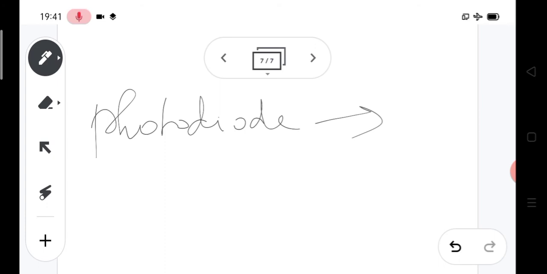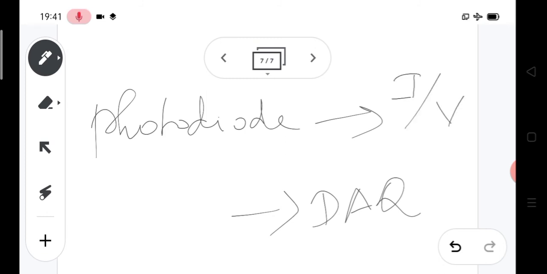You want to log the data of the photodiode for the entire day and get the output in terms of voltage, so you are using data acquisition. The data acquisition always produces the output in terms of voltage only, so we are using a current to voltage converter. If you use a current to voltage converter, the current absorbed by the photodiode and the output displayed in terms of voltage by data acquisition does not have any defects, and so we are using current to voltage converter in this type of circuit.